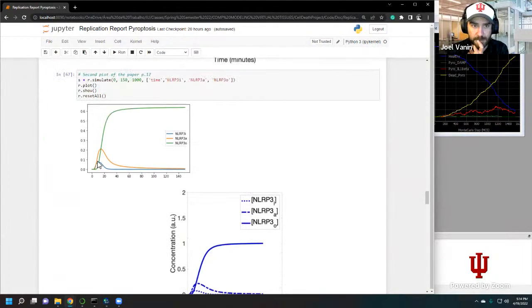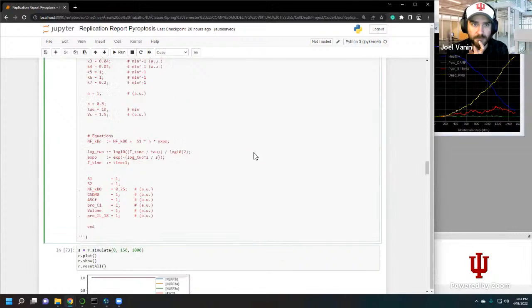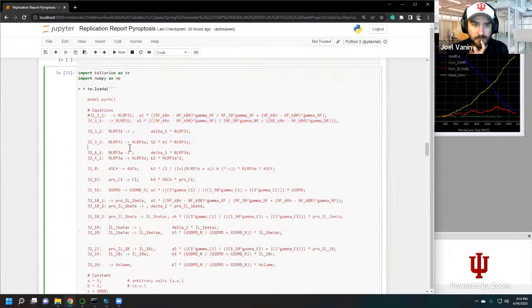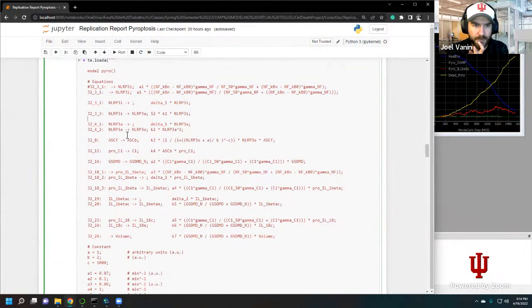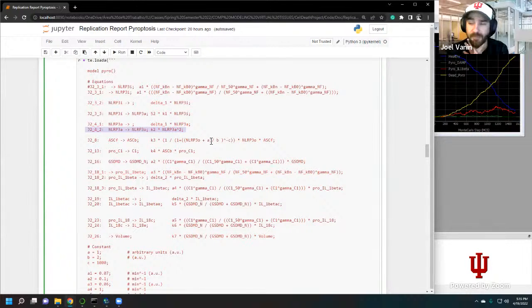The green one is O. Fine, so let's look at the equation for O. And it's not destroyed by anything, is that right? No, it's not destroyed. There is no decay for it. Okay.